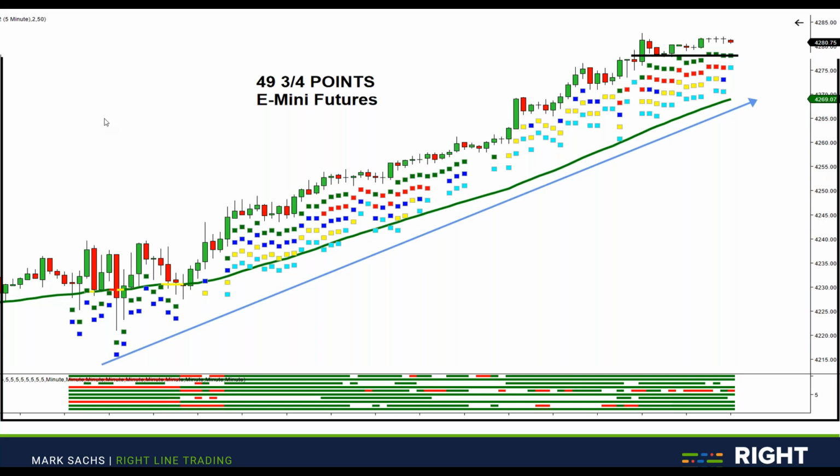But here, as long as we go long above the 50, short below the 50, 50's trending up, we're adhering to certain market structural rules, and we get a gorgeous trade off the upside. Really, you could have taken this trade long. See this blue-green combination? When I go through a whole bunch of stocks, I see this blue-green all the time.